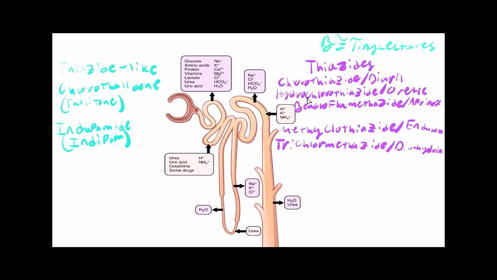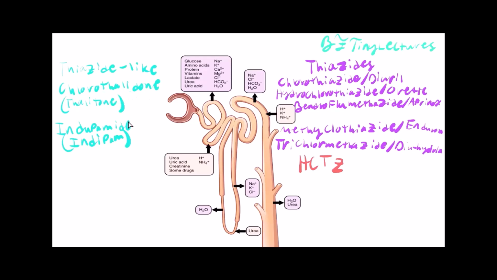Here you have your thiazides and your thiazide-like medications, and you have the brand names. The most famous thiazide is going to be hydrochlorothiazide, so that is actually HCTZ. And you can often see HCTZ paired with blood pressure medications. For instance, ACE inhibitors like Benicar. You can have a combination of Benicar with hydrochlorothiazide. You can also have thiazide-like medications taken by themselves.